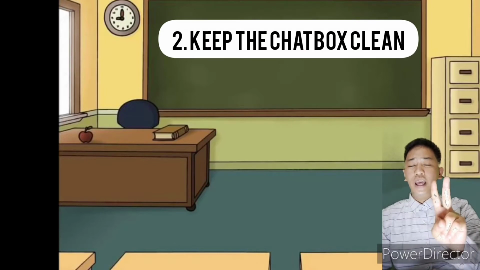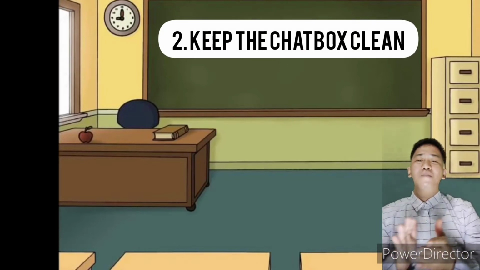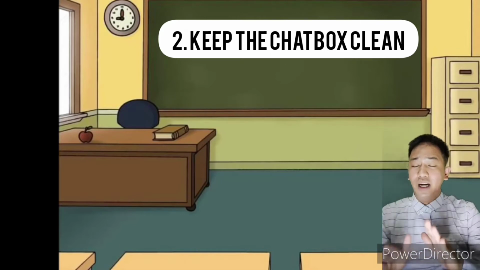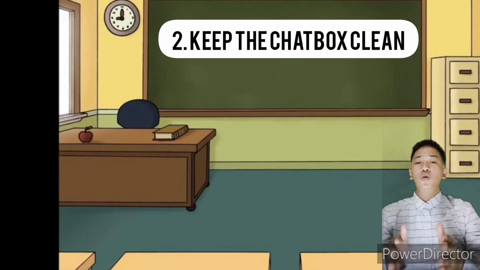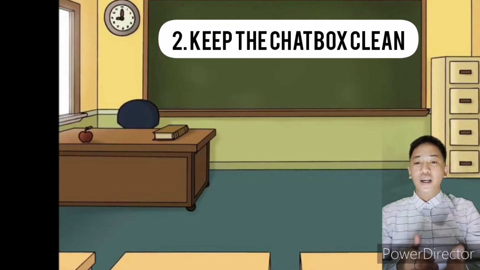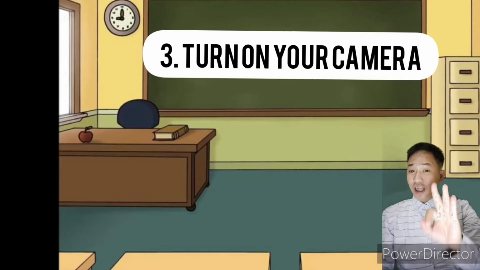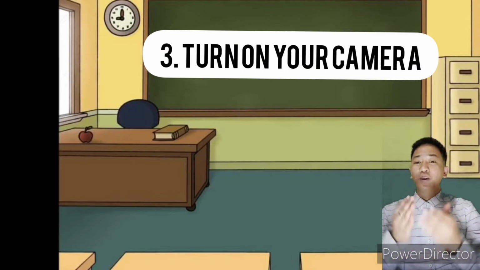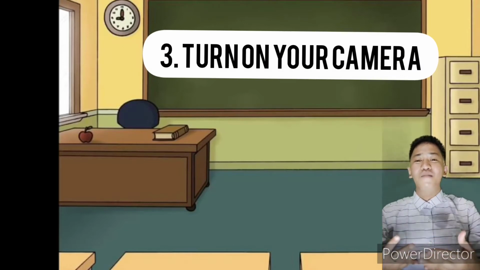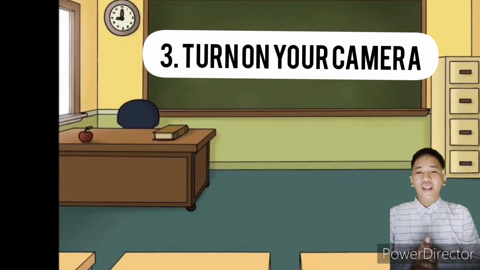Number 2 is to keep our chat box clean. I hope I will not see any inappropriate words in our chat box. You will just use the chat box if you want to raise a question or ask for clarification. And number 3 is to turn on your cameras for me to be able to see your handsome and beautiful faces.